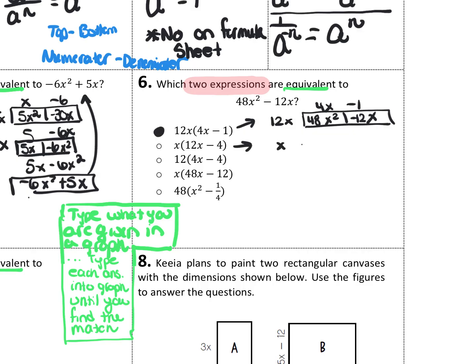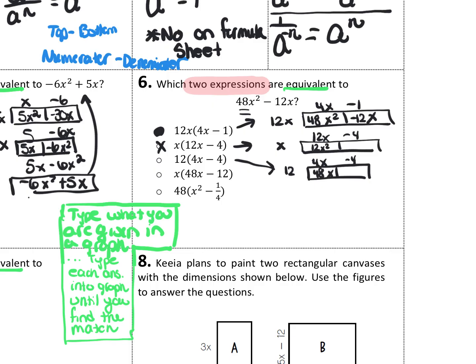We'll do the next one, x and 12x minus 4. This makes a 12x squared, which is not what I have. I need to have a 48, so it's not that one. Next, 12 and 4x minus 4. 12 times 4 makes 48, but I only have an x here.